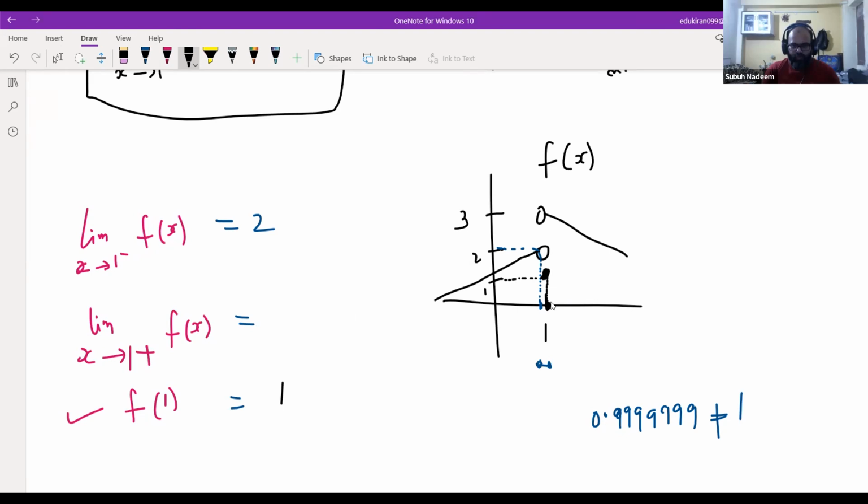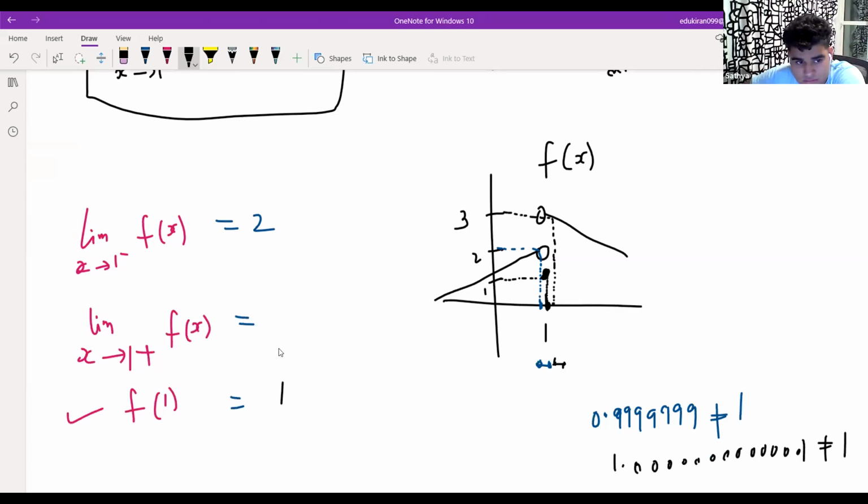When you move further, to the right of 1, it may be a value like 1.0001, but it's not equal to 1. So here, when you see the output, it is almost 3, so you write it as 3.